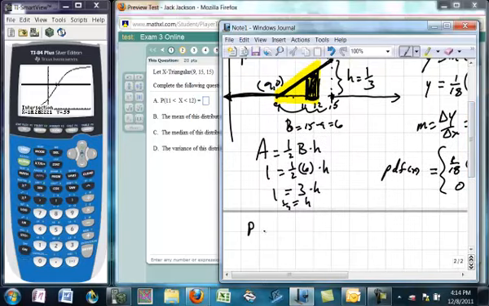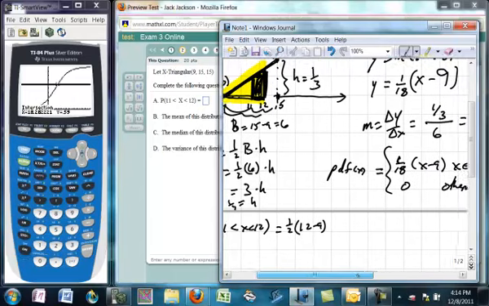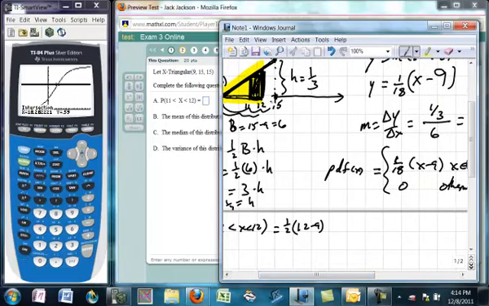So the probability that 11 is less than x is less than 12 is the probability of the big triangle here, which has a base of, well, 12 minus 9. You've got 1/2 times the base times the height. The height of that triangle is just this PDF evaluated at the end, 12.